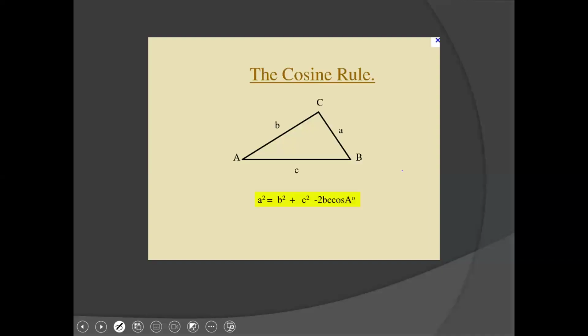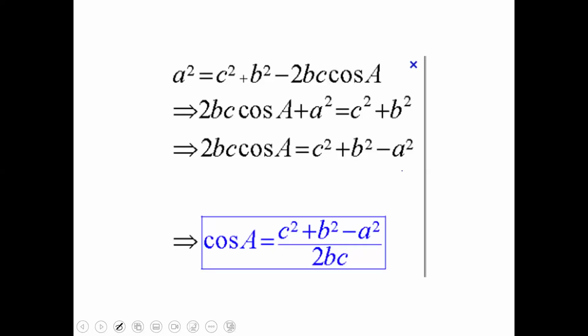Now give the cosine rule. What was the cosine rule? a squared equals b squared plus c squared minus 2bc cos A. This is another style for the cosine rule.